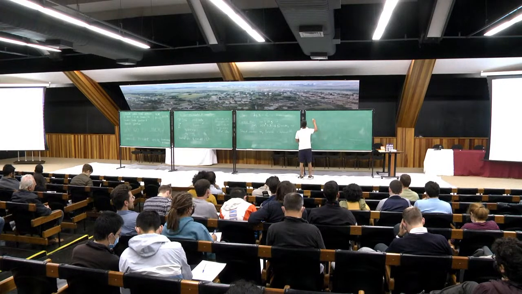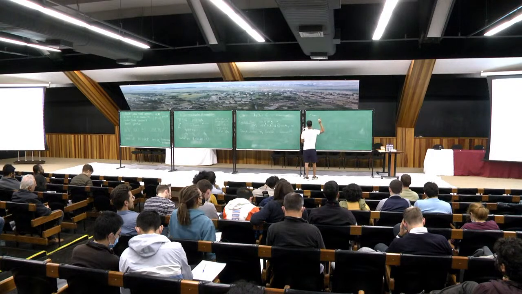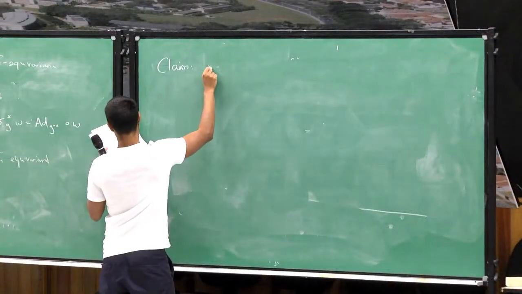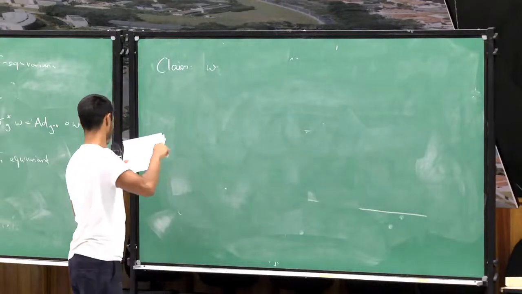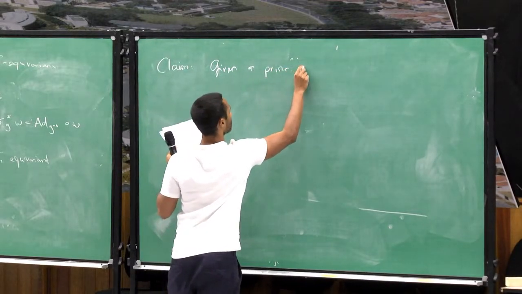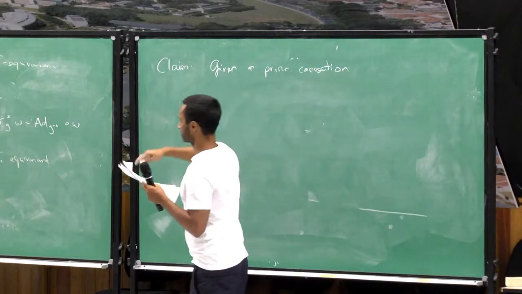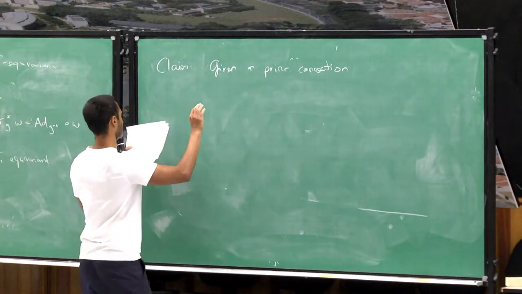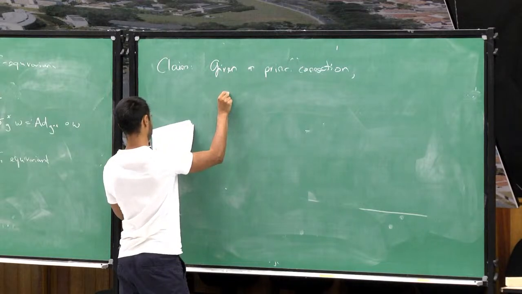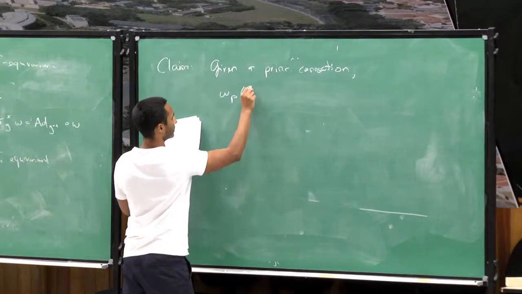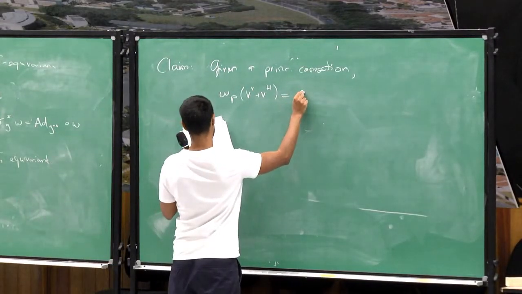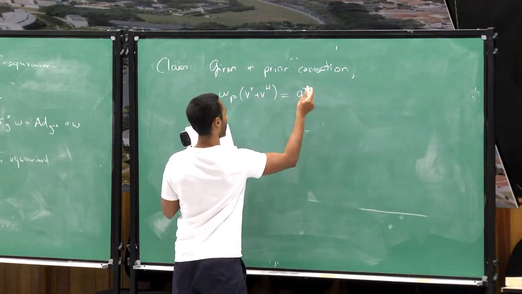So the claim would be: given a principal connection, that's this collection of subspaces which is G-equivariant, then we can define a one-form. That one-form is defined by taking omega_p of a vertical part plus a horizontal part, which are given since we know what the subspaces are, and then applying the inverse map A_p.